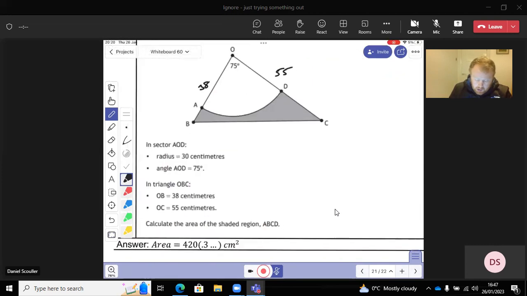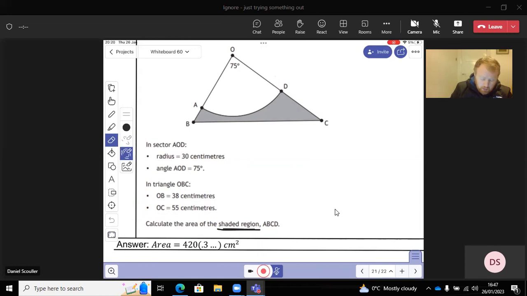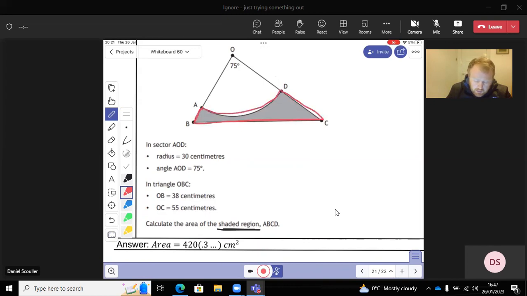So looking at the question, calculate the area of the shaded region ABCD. The letters ABCD is just the path that marks out the corners of that shape. A lot of information getting thrown at you. You can also see the shaded area, it's pretty clear what it is. Just to be really clear, A, B, C, D equals that shape.